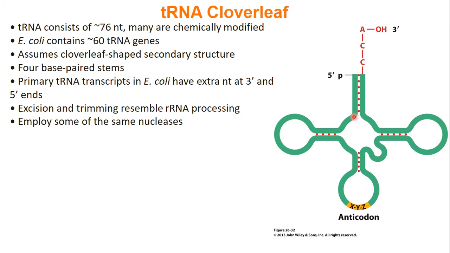And so before this tRNA is ready to go, you have to excise and trim these extra nucleotides. This process is a lot like the rRNA process we talked about in an earlier video. In fact, they will use some of the same nucleases to do that processing of your terminal ends.